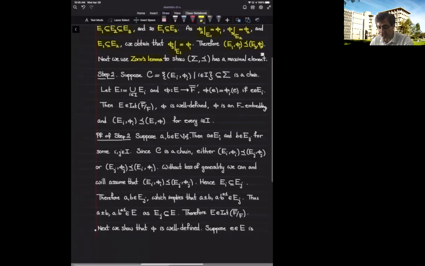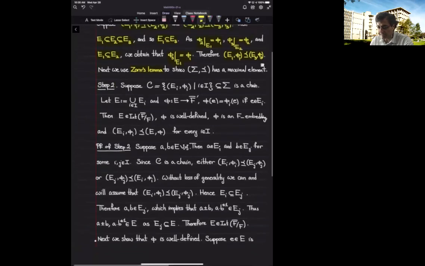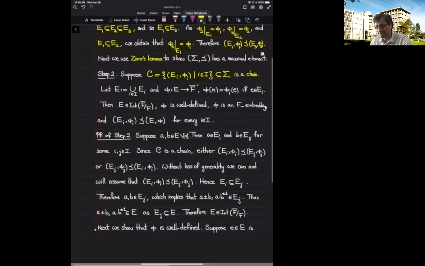So let's start with a chain. So C consists of this family of pairs E sub I and phi sub I. This capital I is some index set, and this C is a chain in sigma. Now I want to show that this chain has an upper bound.